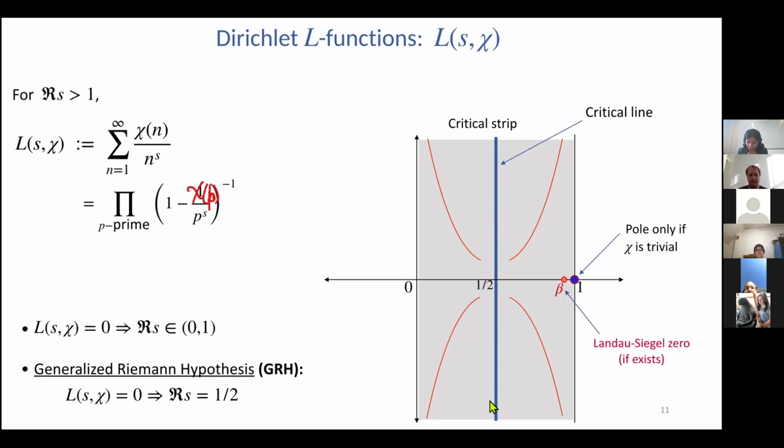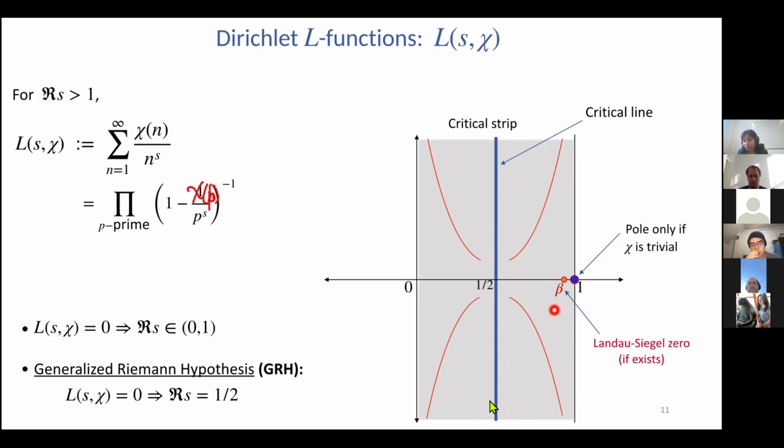Okay, and the point is that all the zeros of this function do lie in this critical strip. So they are between 0 and 1 here, with the real part between 0 and 1. And the generalized Riemann hypothesis says that all the zeros, in fact, are on this blue line. And this zero beta is the exceptional zero that I've been talking about all this while.